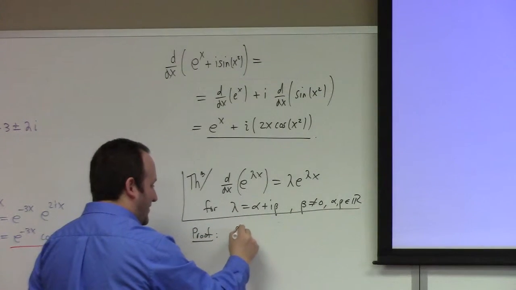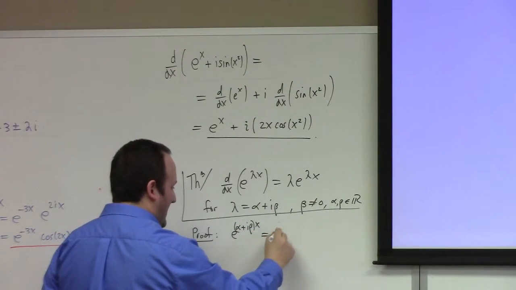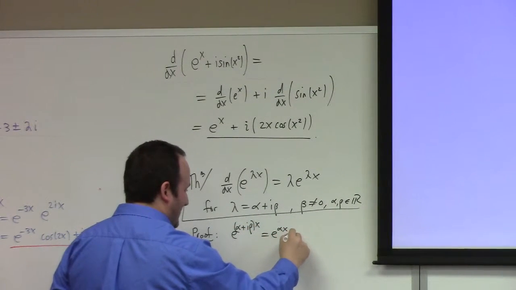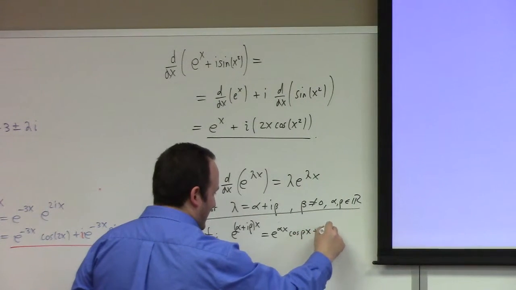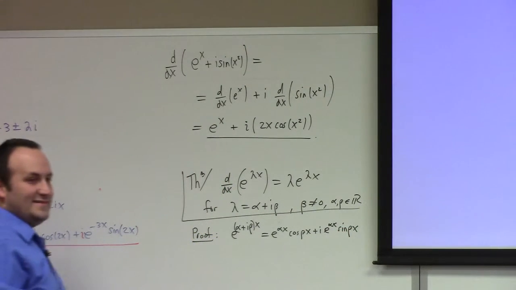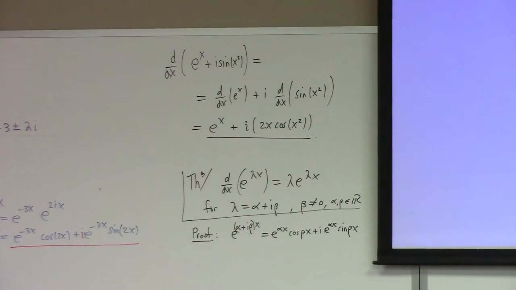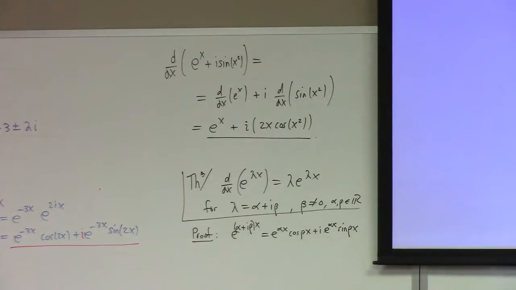Well, e to the alpha plus i beta times x is what? It's e to the alpha x cosine beta x plus i e to the alpha x sine beta x, right? Now you got to differentiate that. Where did the cosine and sine come from? The imaginary exponential, e to the i beta x, like we talked about before. Same animal.